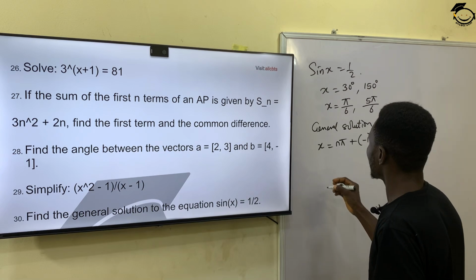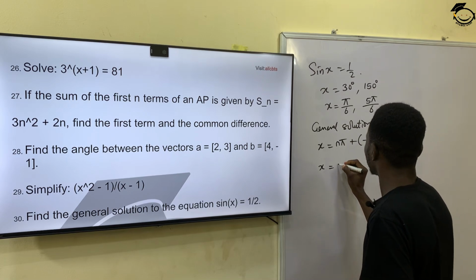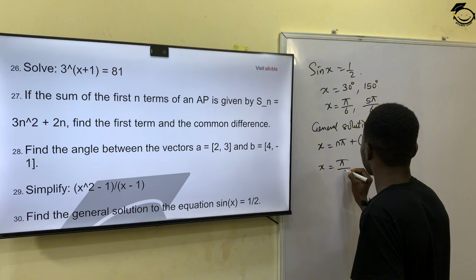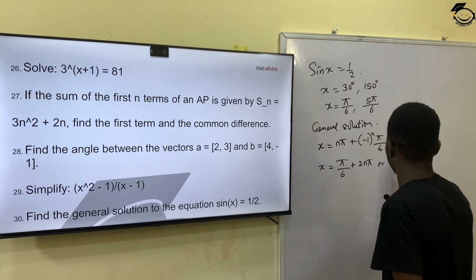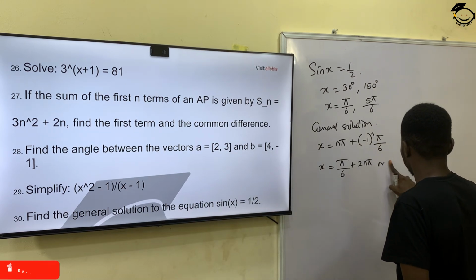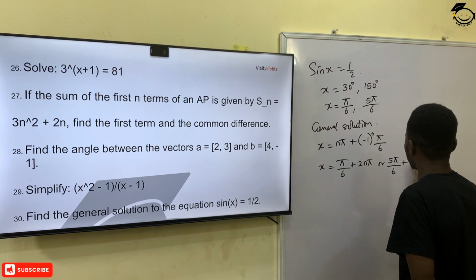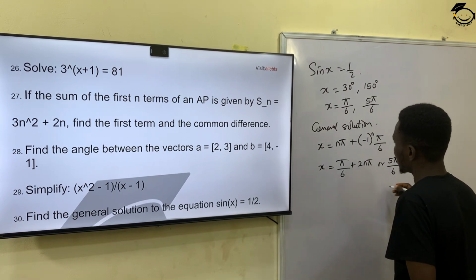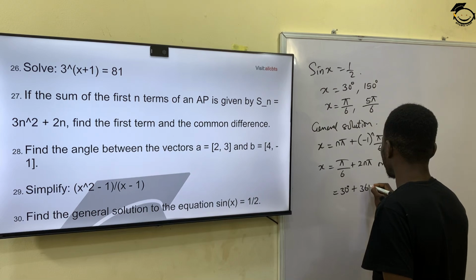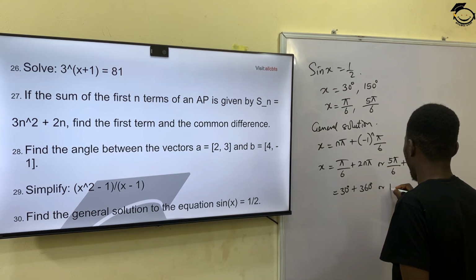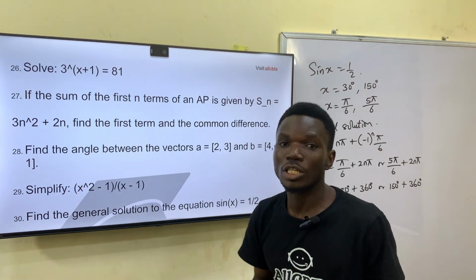So if you simplify this further, this is the same thing as saying that my x can be in the form of pi over 6 plus 2n pi or 5 pi over 6 plus 2n pi, which is the same as saying that I have, in degrees, 30 degrees plus 360 degrees or 150 degrees plus 360 degrees. So this is the general formula for this equation.